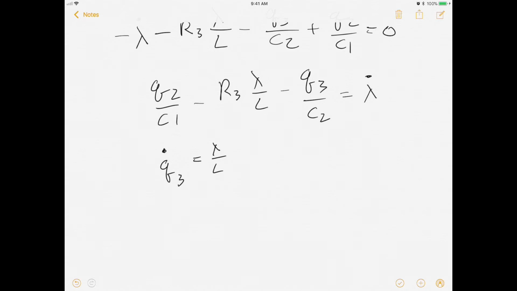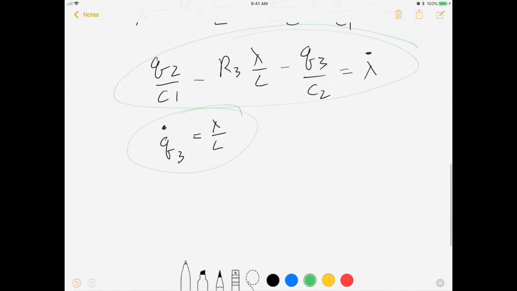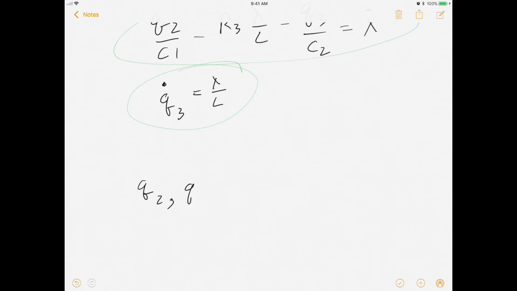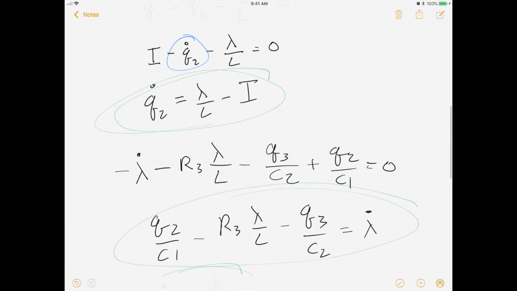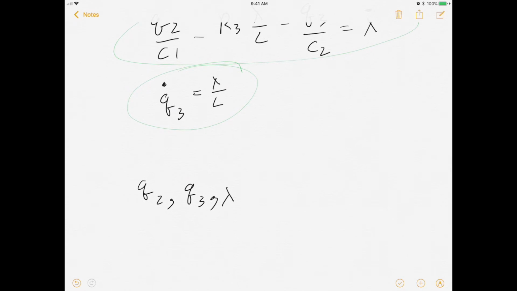So we have our three state space equations, 1, 2, and 3. So effectively what we can do is, what are the state variables? The state variables are Q2, Q3, and lambda right here. And what are our equations?